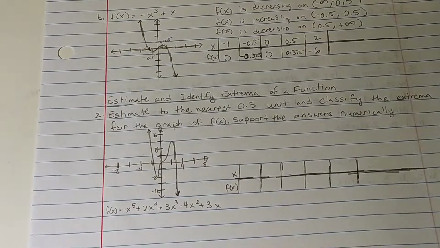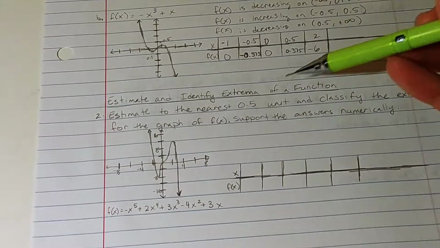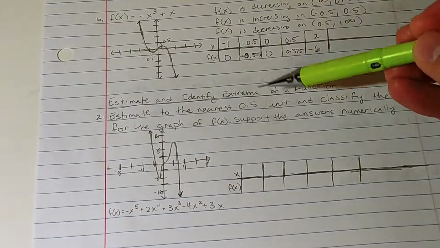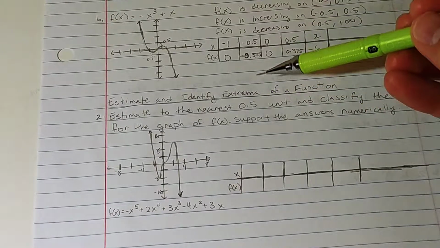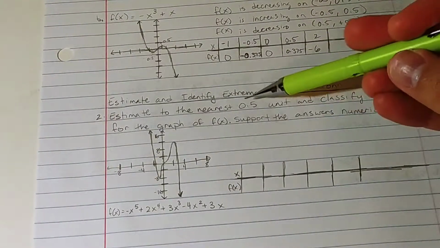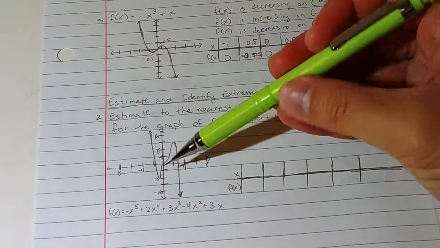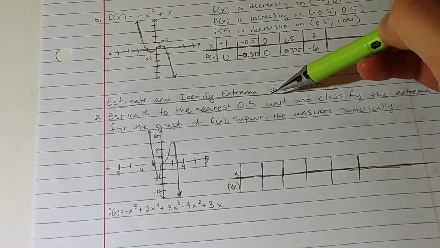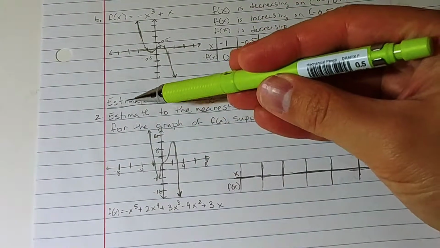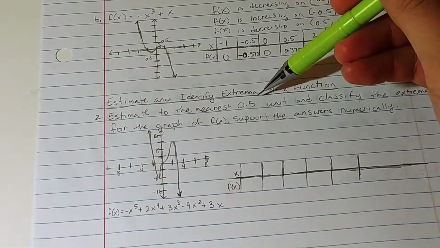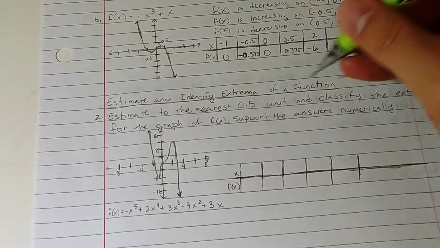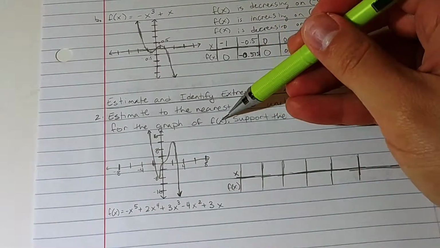All right, and now we're going to look at estimating and identifying extrema of a function. Remember, extrema are local minimums, maximums, local minimums, local maximums. Okay, so here, notice that it says estimate to the nearest 0.5 unit and classify the extrema for the graph of f of x.